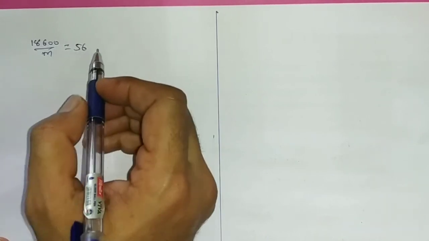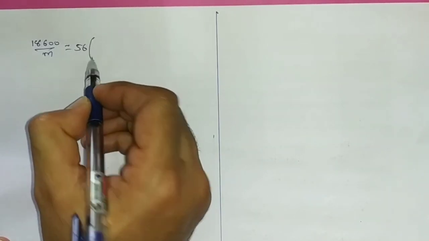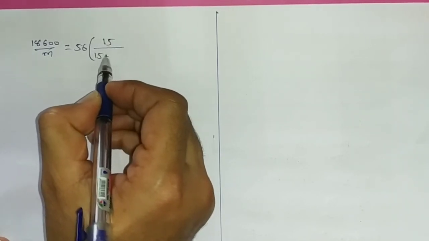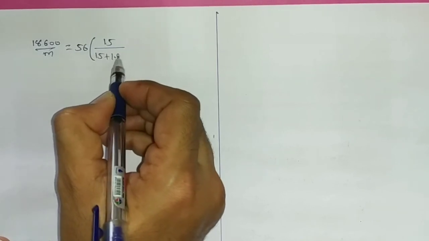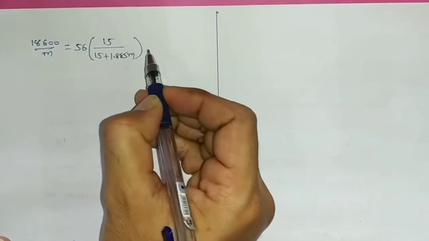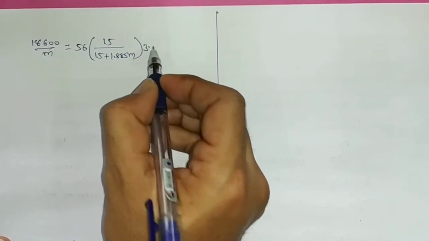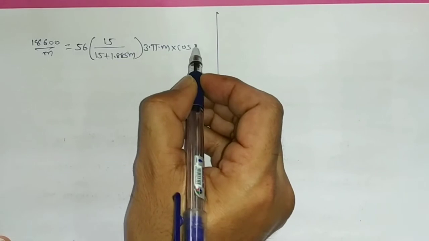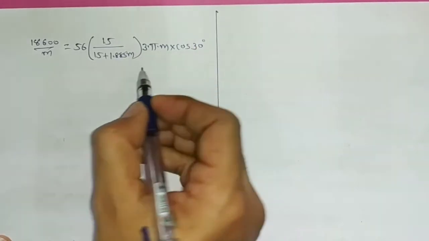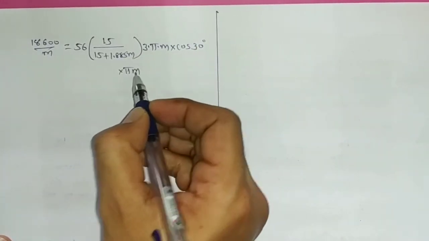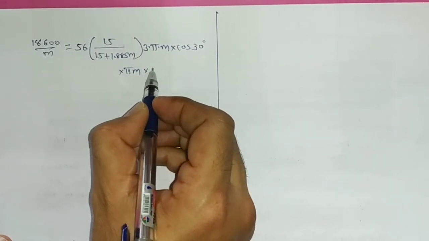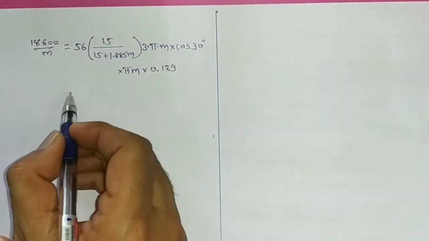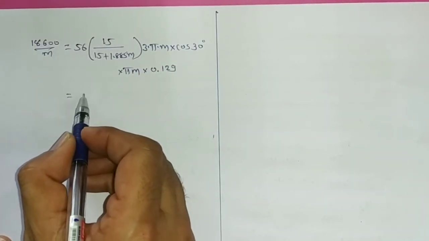Okay, sigma O is equal to 56, and value of CV is equal to 15 divided by 15 plus 1.885 into m, right, and 3 pi m into cos 30 degree into pi m into y dash is equal to 0.129. Okay.